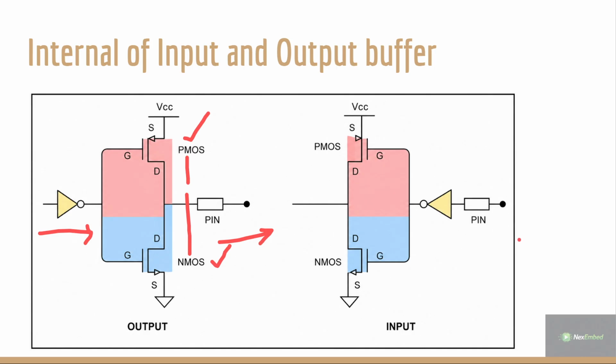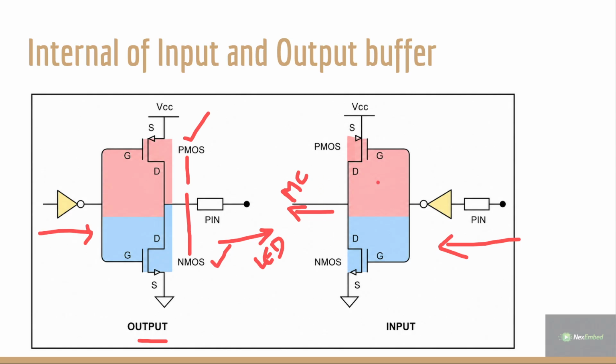Input in the sense, from an external device, like a sensor or any other input device, it is getting the input and it will reach my MCU. Here it reaches the LCD. We can have an LED, it is going to control my LED. So this is what is present inside the output buffer.